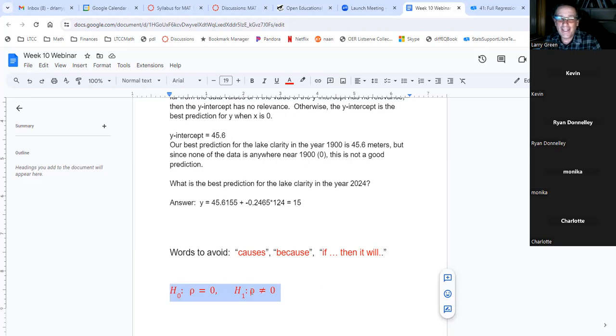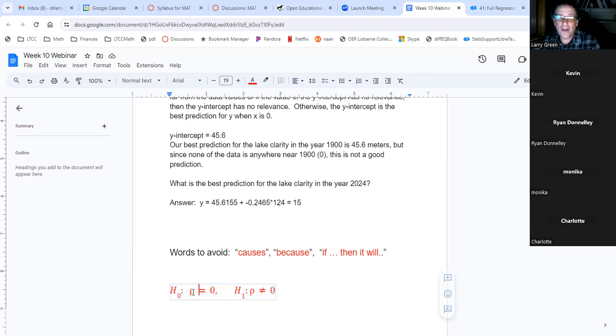The H naught and H1 are always exactly the same. So you must, on the exam, when I say write down the null and alternative hypothesis, if it's coming from a chapter 12 question about correlation, H naught, colon, rho equals 0. Okay?